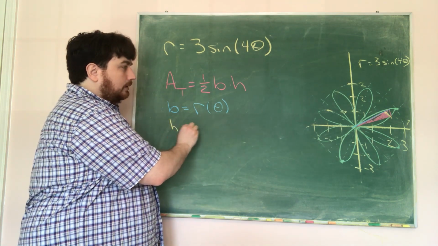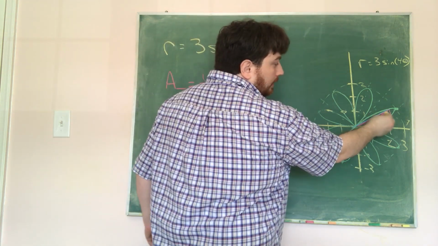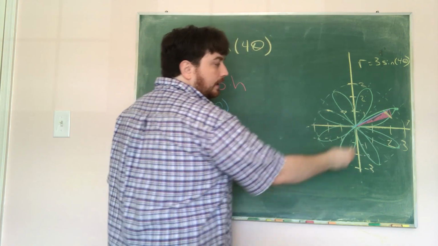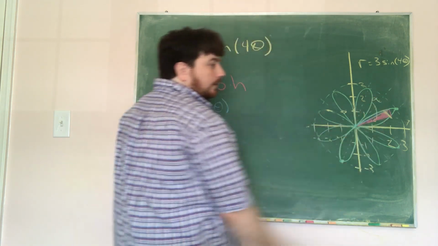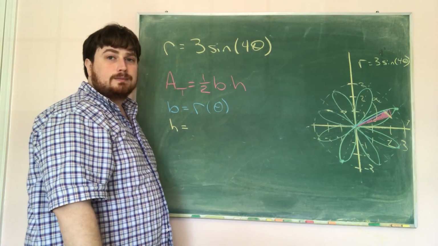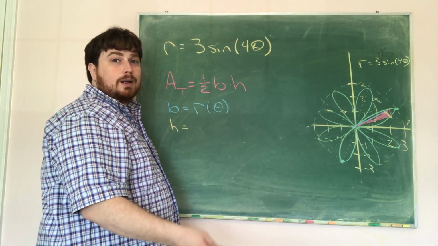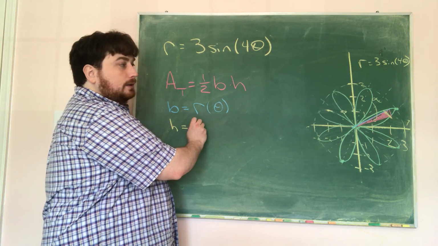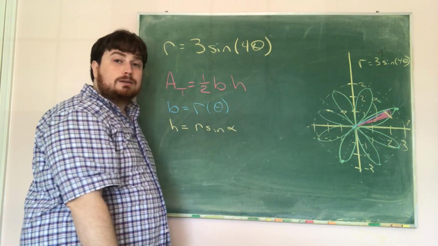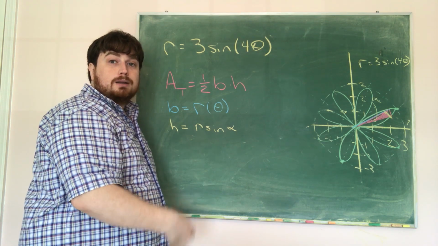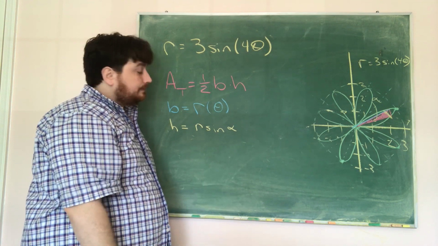The height now is going to be this height here. Well, that height is based on this angle in here, and let's call that alpha for now. If that's alpha, what that height is going to be is precisely just r sine of alpha, by the definition of sine.